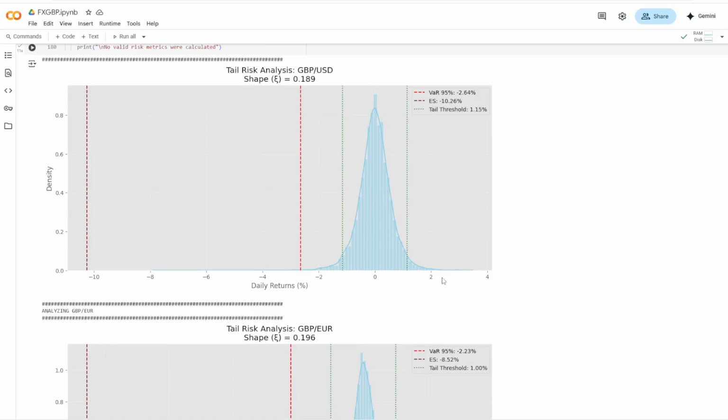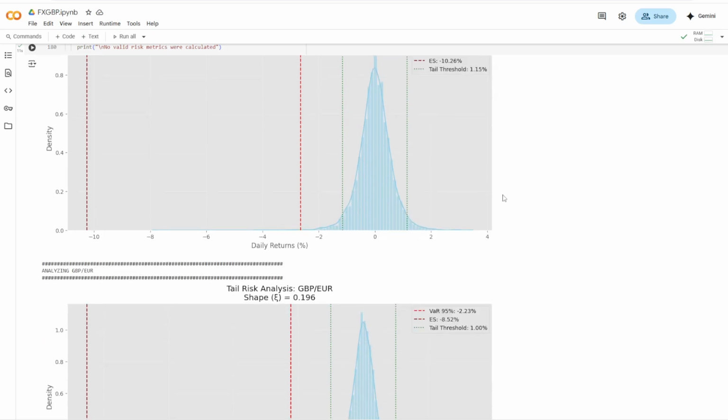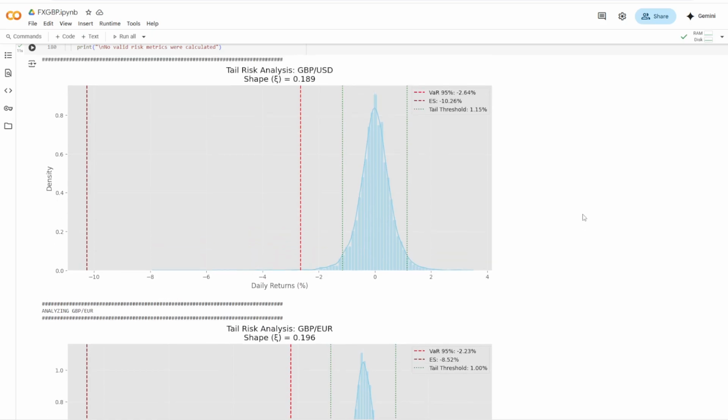So we store some very good things, but here we have it in a different way. We have a bell curve distribution, and as I said before, the POT threshold is peaks over threshold. Here on a bell curve, Gaussian distribution, the green dots are the tail threshold.